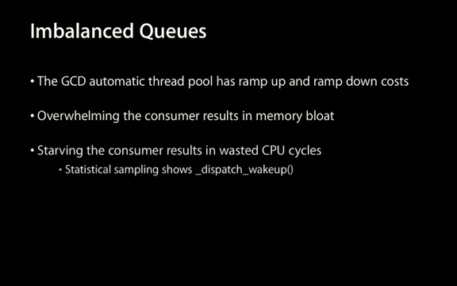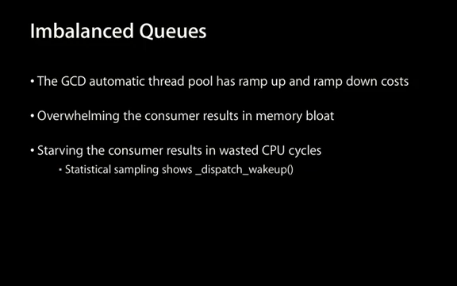On the flip side, starving the consumer can result in wasted CPU cycles. If the producer takes more time, creates a tiny amount of work to run in the background, well, guess what? We're probably going from the idle state on that second CPU up to the busy state, finding no work to do, and coming back down to idle.